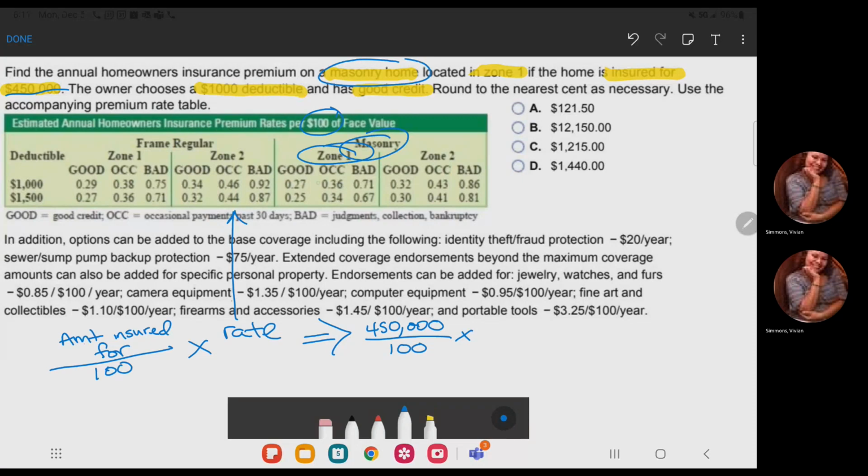The deductible is $1,000 and the credit is good, which means if I go this way, 27 cents, which is going to give me the annual homeowners insurance premium of $1,215.